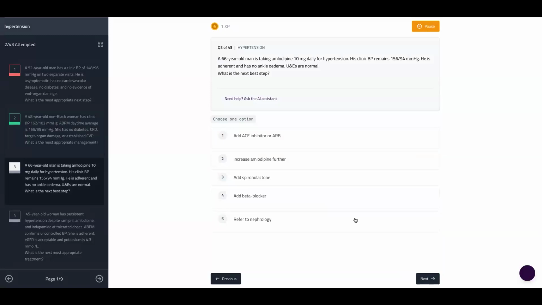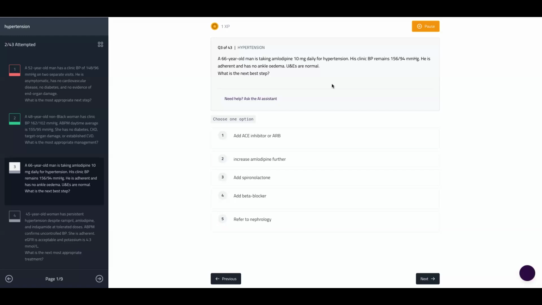All right, question 66. What is the best next step? ACE inhibitors or ARB, add, increase amlodipine, add, refer. Amlodipine 10 for hypertension, that is already the maximum dose, so there is no chance to increase it.